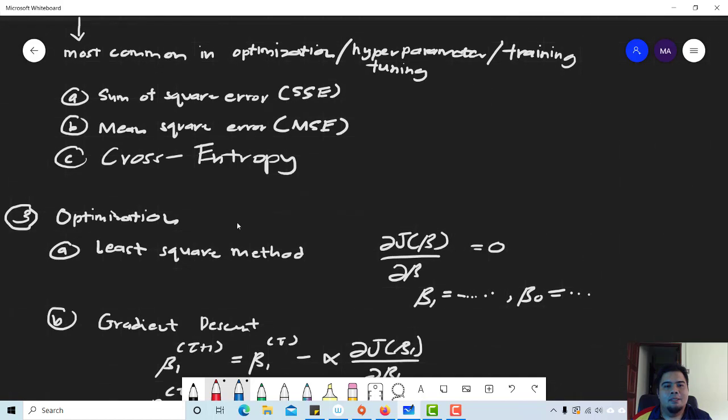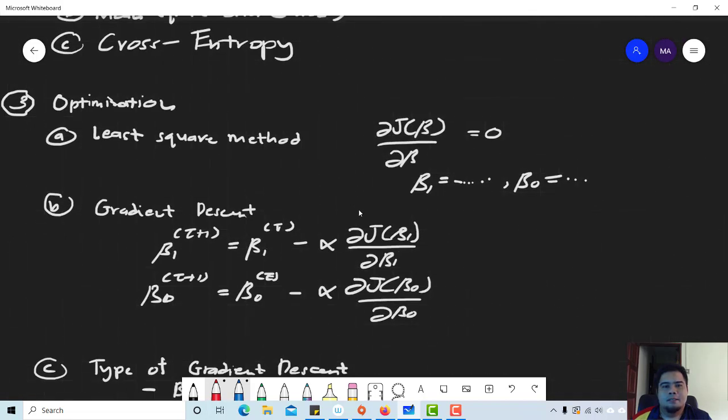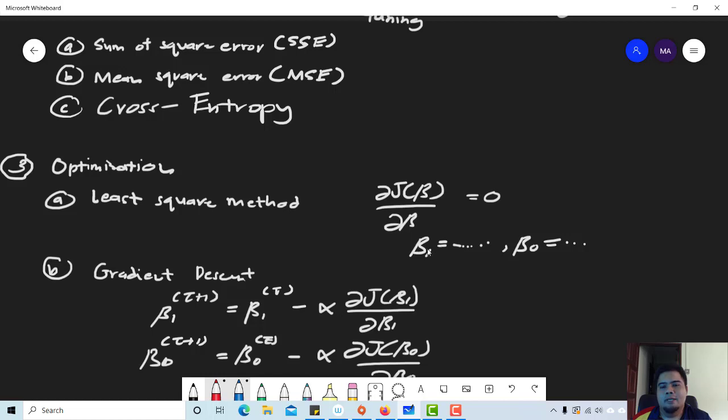The least square method actually utilizes your cost function: you solve the partial derivative of your cost function with respect to your beta, which is your parameter, and set this partial derivative equal to 0. You solve it, and then you obtain the best beta to create your linear regression model that best fits your data.